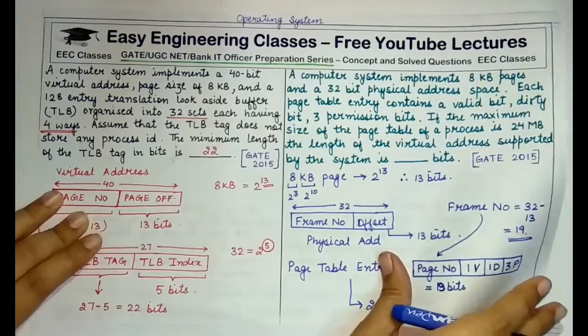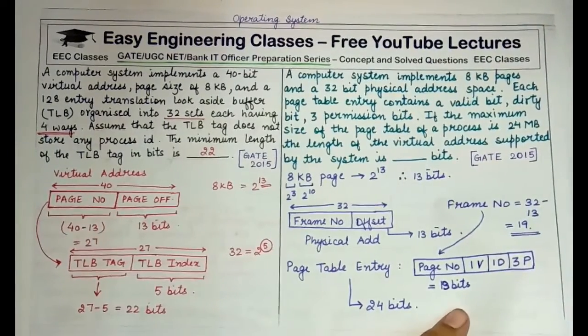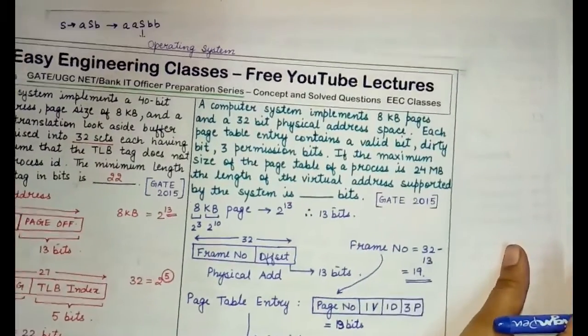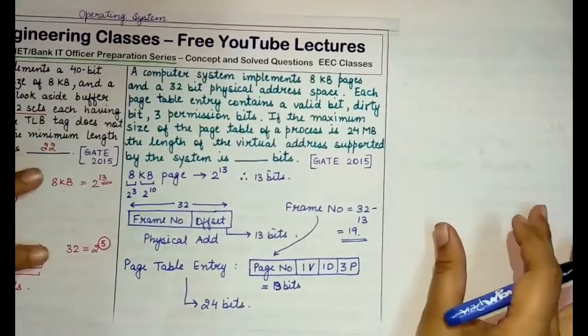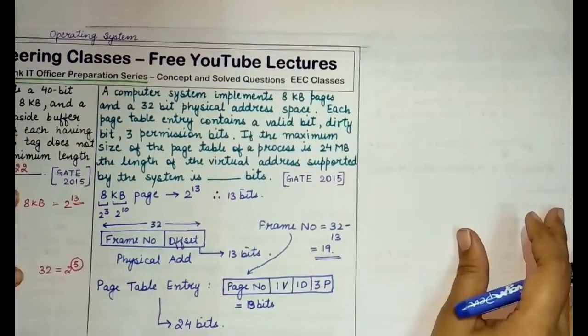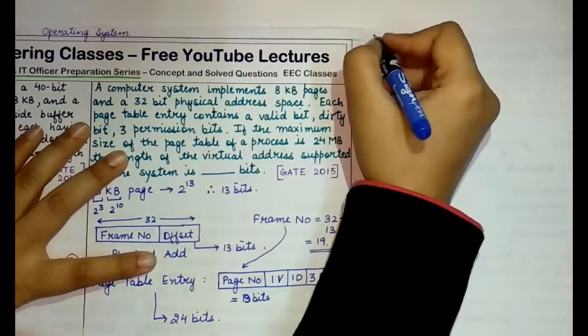Now you must remember that one page table has multiple entries, and the size of a page table can be calculated by multiplying the number of entries by the size of each entry. So what do I actually mean? That 24 MB is equivalent to the number of page table entries multiplied by the size of one entry. So I'll write down here the formula.